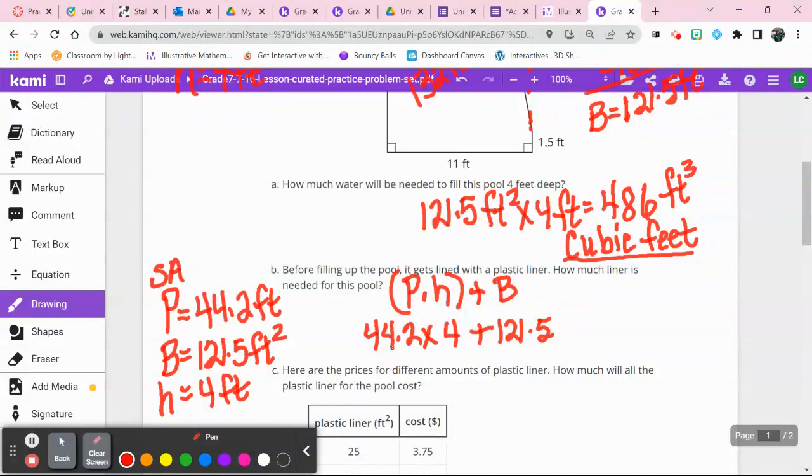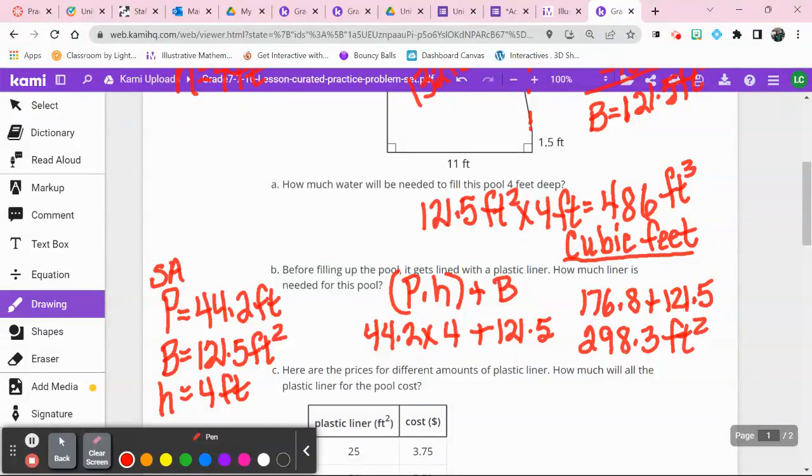All right. 44.2 times 4 is 176.8 plus 121.5. I get 298.3 feet squared.